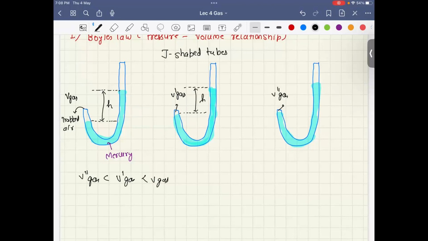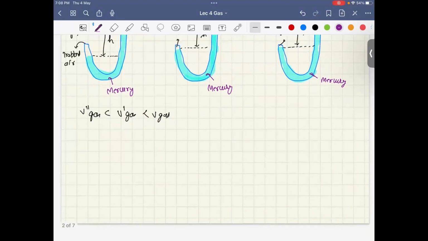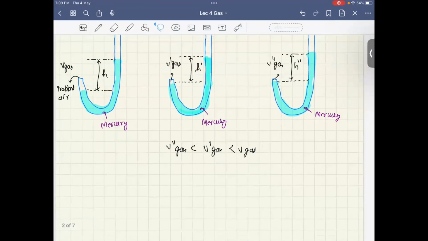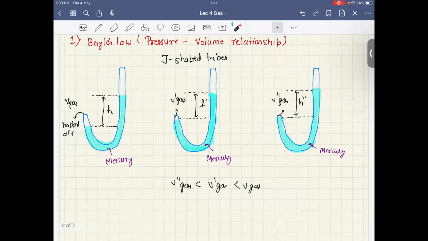This is h', this is h'', and this is mercury. Using this experimental setup, in 1662, Robert Boyle studied the changes in volume of a gas by varying pressure at a constant temperature of a fixed amount of gas. So he used this J-shaped glass tube.